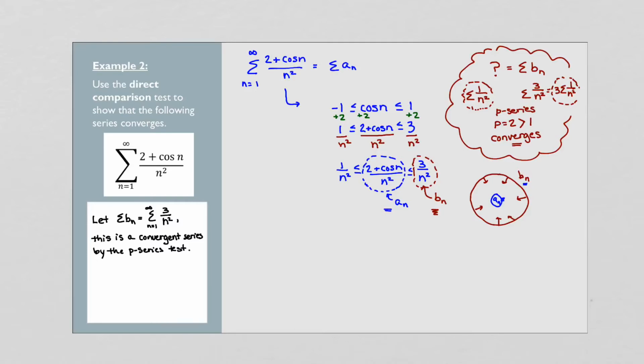Moreover, we have the statement that 0 is smaller than 2 plus the cosine of n over n squared, which is smaller than 3 over n squared. And therefore, the original series, n equals 1 to infinity, of 2 plus the cosine of n over n squared converges. And it converges by the direct comparison test.